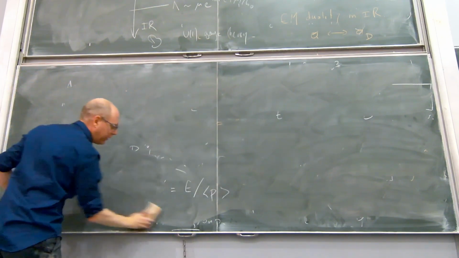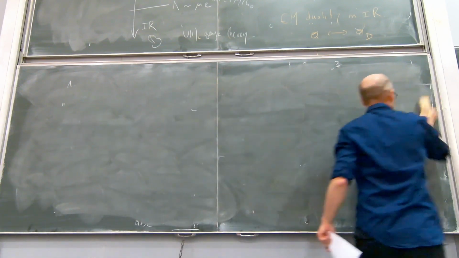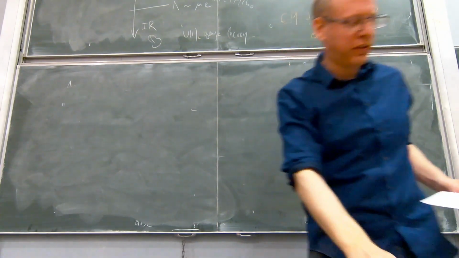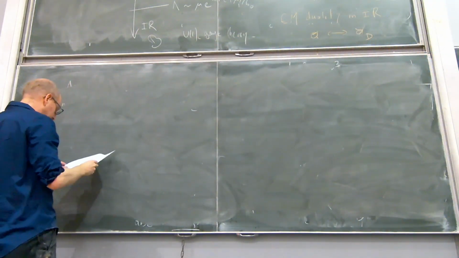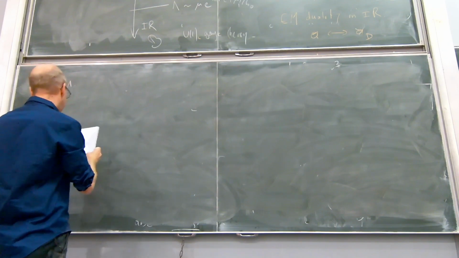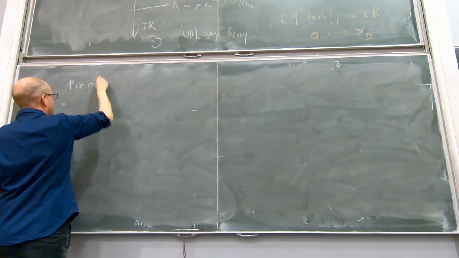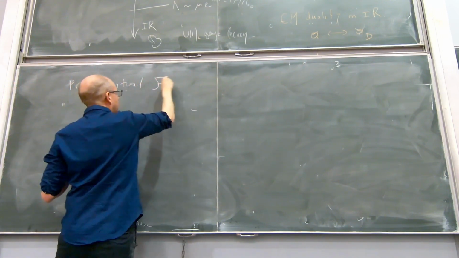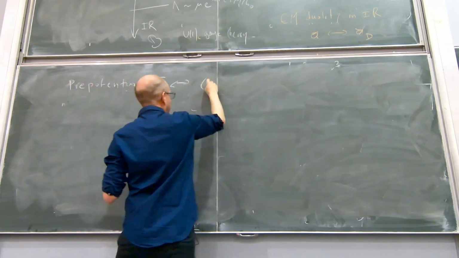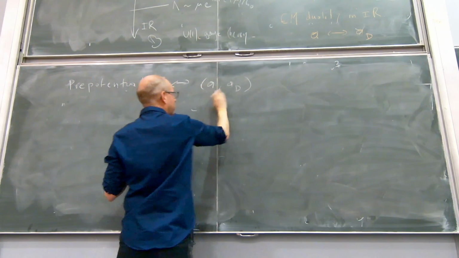So yeah, here just a reminder, right? I'm not going to derive all of the kinematics, but a and a dual are related to each other, and most importantly, they are related to the prepotential F, which determines the full Lagrangian. So the data of the prepotential is the same as knowing a and a dual, the low energy photon and its dual.